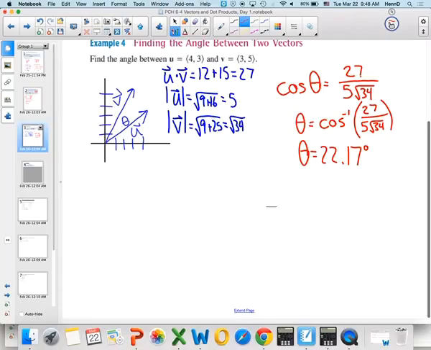You should be. Okay, so 22.17 degrees. Does that make sense based on our diagram? Yeah, that makes sense.